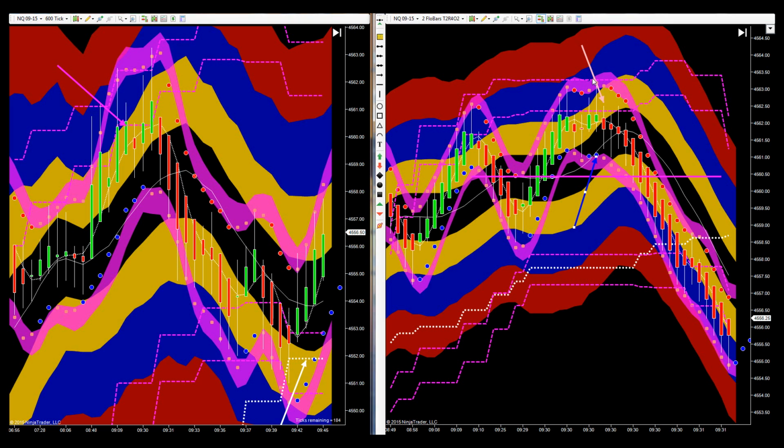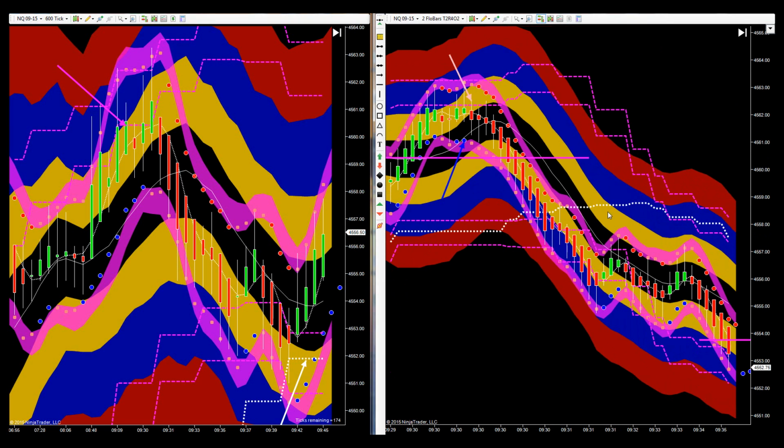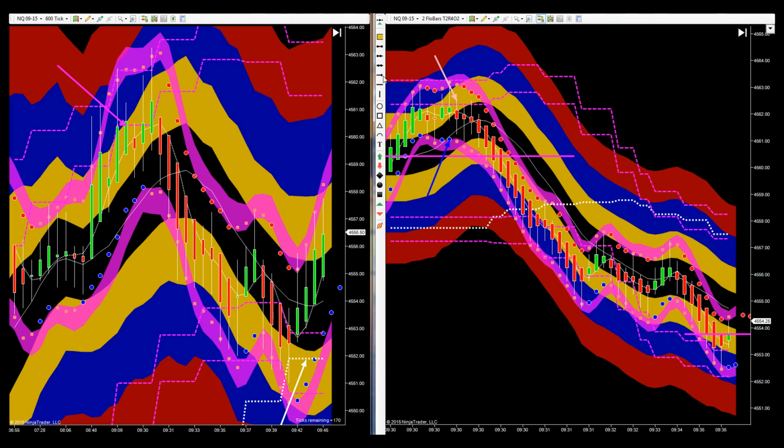So as we go weak and we get a red bar right here, we're short, and we only stay short until the bars change color, because our trader is learning that he is not giving anything back. So it's a very small trade and a small win on that trade.